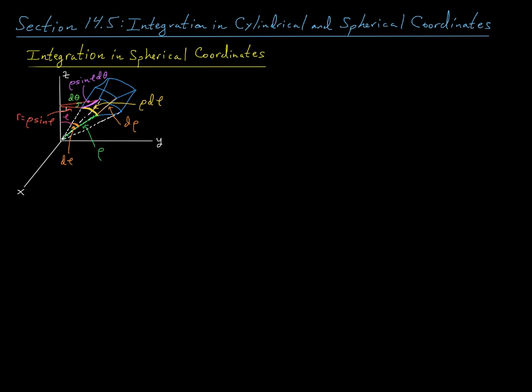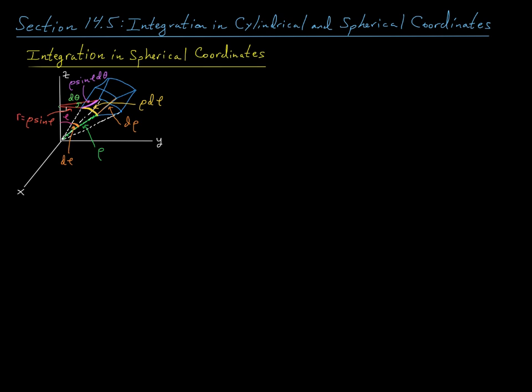We did that by looking at this right triangle formed from the origin out to this corner of our box, and then out to this point on the z-axis. This angle here is phi, and this hypotenuse is rho. So if I take the sine of phi, I get this opposite side length, which is the red length you see here, divided by the hypotenuse, which is rho. Put another way, r is just rho sine phi. So that's this distance right here.